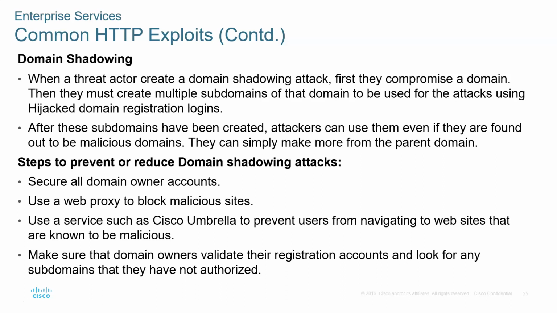You're in a subdomain of a different server, right? Again, how do you prevent that? Go through these 4 steps. And the Cisco Umbrella does that too. It protects you against domain shadowing. Domain shadowing is having a subdomain of some legitimate domain, like cisco.com.